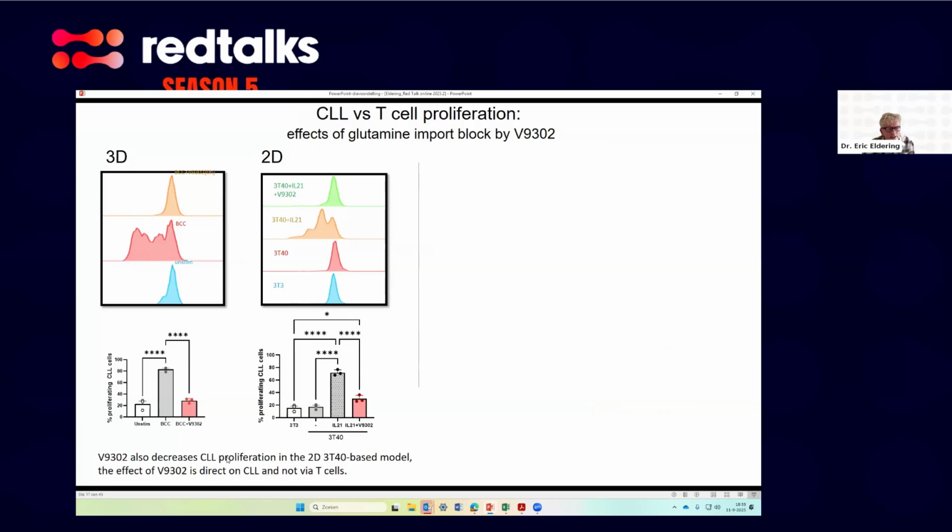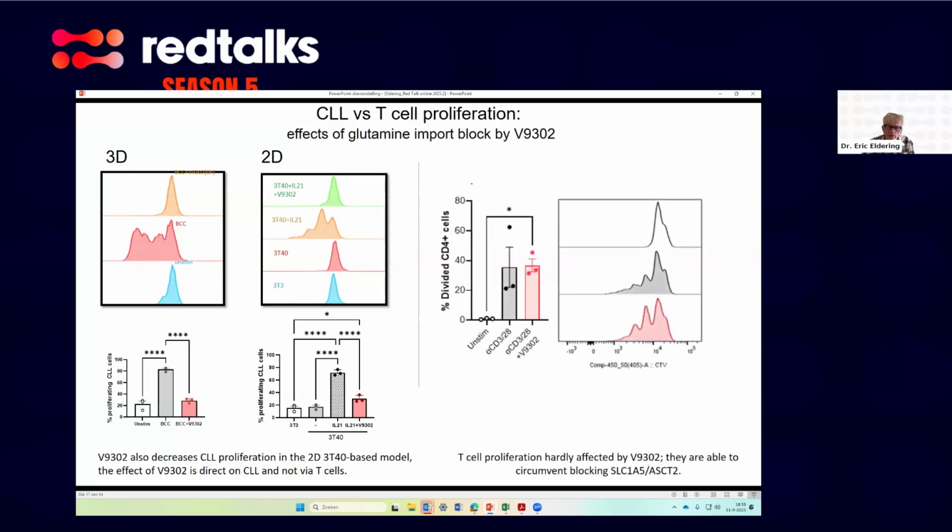And this tells us that the effect of the V9302 in the 3D setting is direct on the CLL cells and is not via the T cells that are also in there. And this is important as a little bridge to the T cell studies I will be showing you next, that these do not depend so much on glutamine as the CLL cells do.